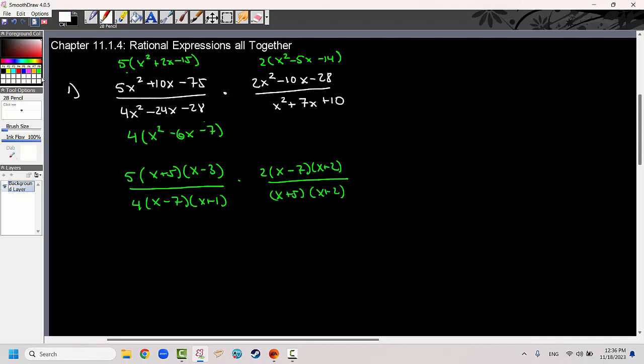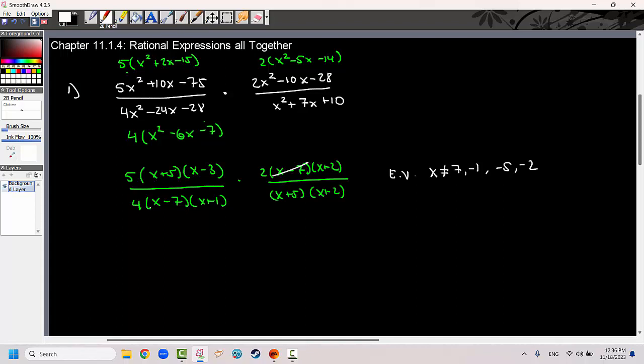Cool, we're factored. Once we're factored, we're in a good position to get these excluded values going. Remember, we're multiplying two rational expressions, which means that our excluded values only come from the denominator. So x cannot equal 7, negative 1, negative 5, and negative 2. Again, I just got those from the denominators.